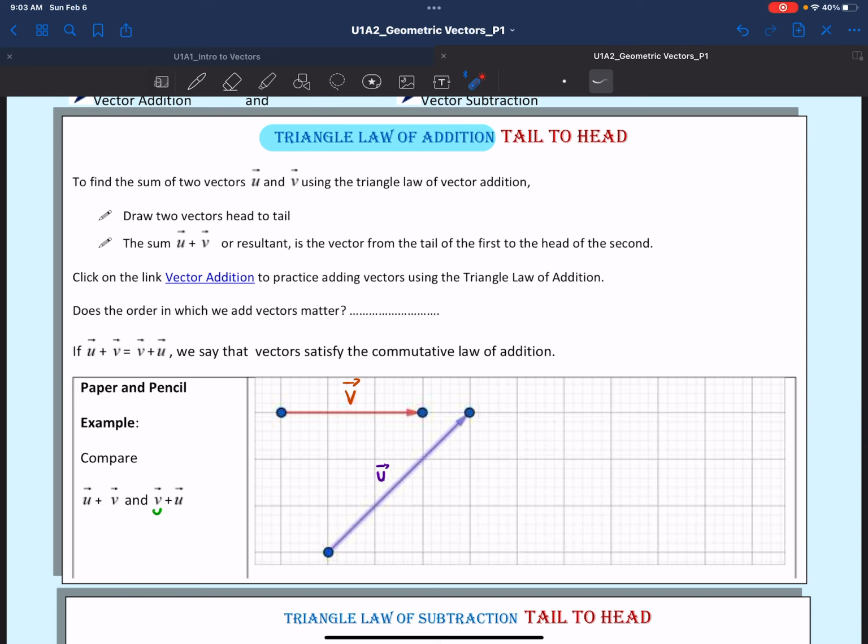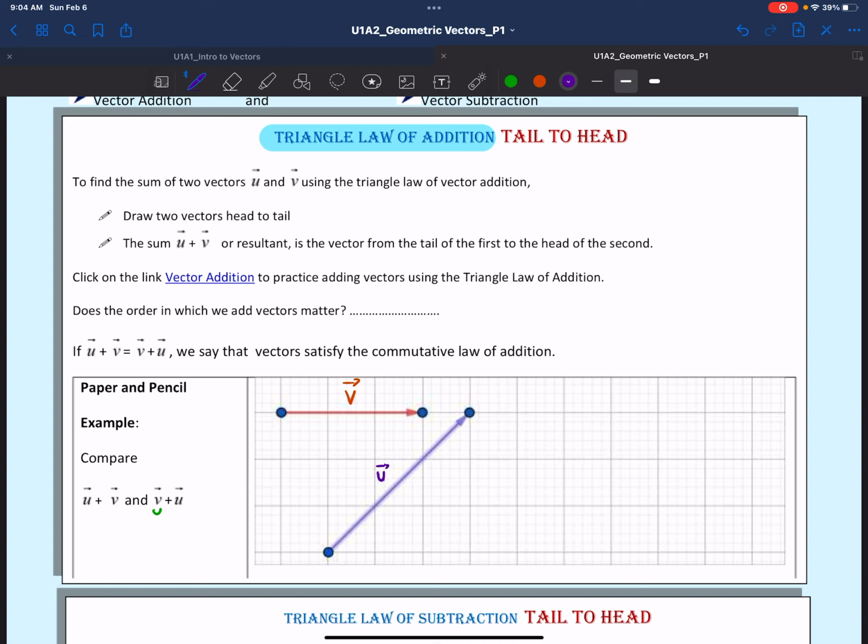If you want to add two vectors by using the triangle law of addition, we have to follow two steps. Step one, we have to draw the vectors head to tail. If I'm adding vector u to vector v, it means that I'm going to start with vector u, which won't change position. It will stay exactly where it is. Then I'm going to draw vector v, which is added to vector u, by placing the tail of the second vector, the vector I'm adding, to the head of the first.